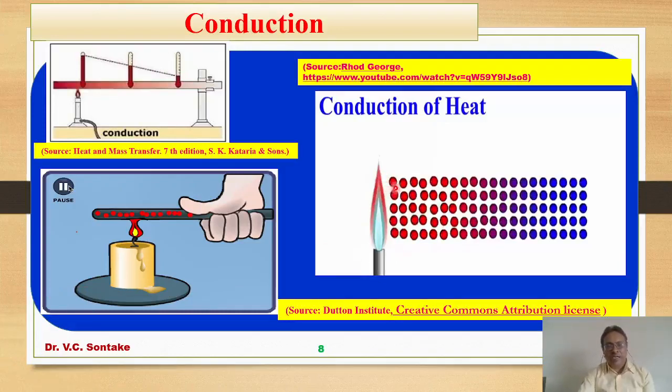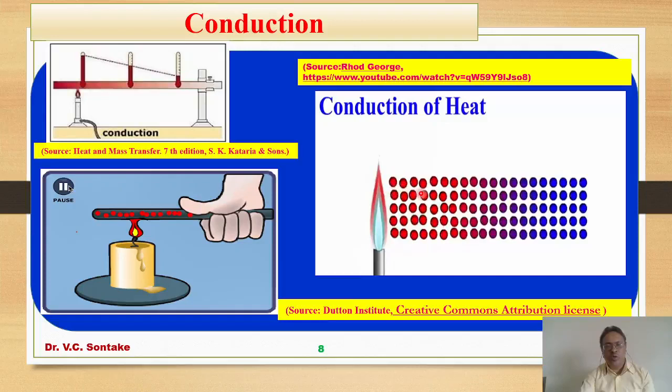When their kinetic energy increases, they start vibrating about their mean position. Now, in solids, since molecules are closely packed, they cannot move away from their places. So, because of the increase in the kinetic energy, they come into a state of agitation and start vibrating about their mean position.